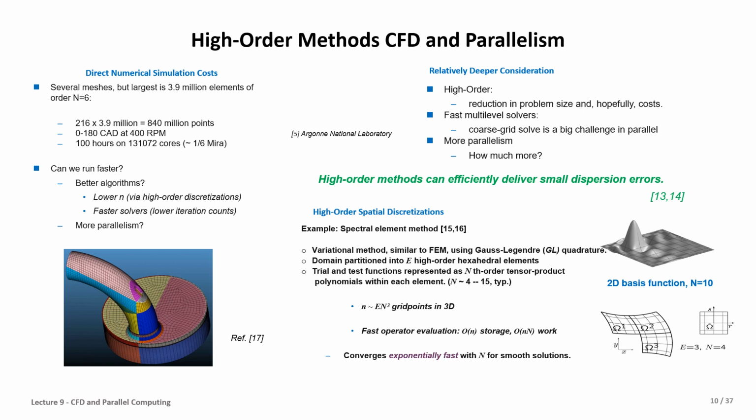But how can we run it faster? With a better algorithm, like lower order for discretization, or a faster solver, like lower iteration counts, or more parallelism. These are challenges in choosing the correct one to solve the CFD problem and make it faster.